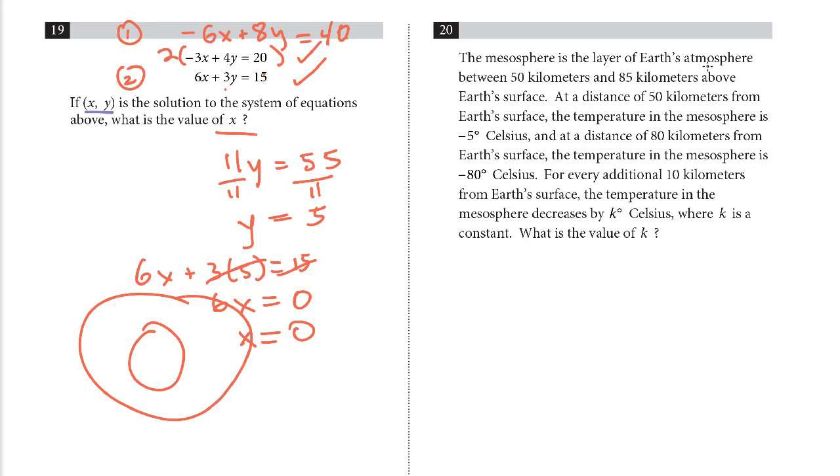Number 20. The mesosphere is the layer of Earth's atmosphere between 50 kilometers and 85 kilometers above the surface. At a distance of 50 kilometers, the temperature in the atmosphere is minus 5.